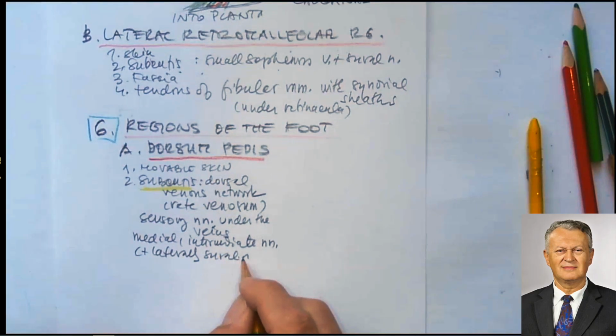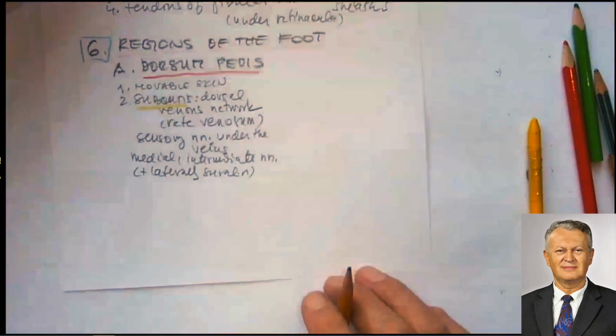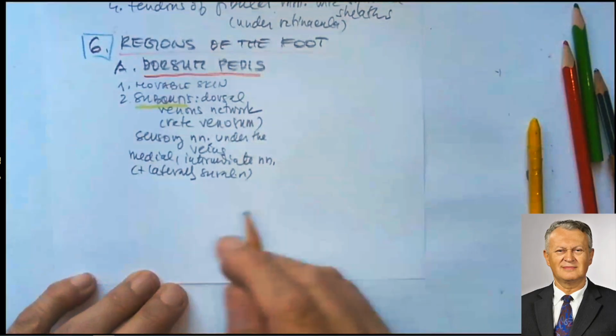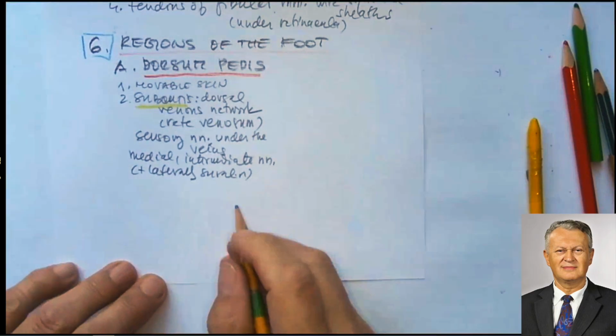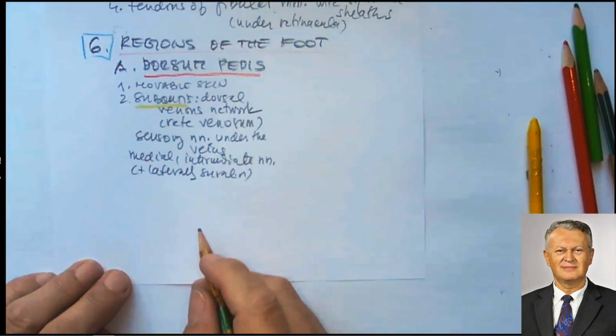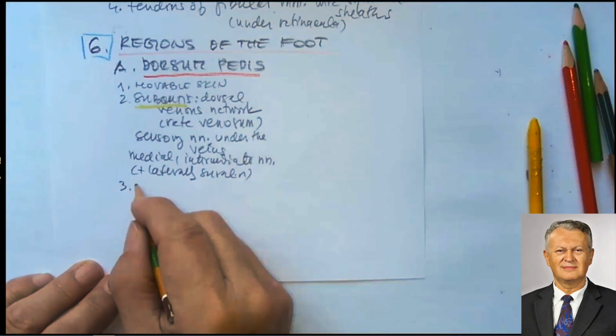But sural nerve doesn't belong to the fibular nerve, because this is a combination of the tibial and peroneal fibular. Number 3 is the fascia.